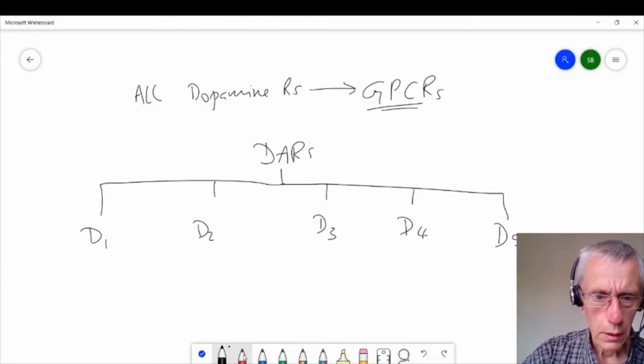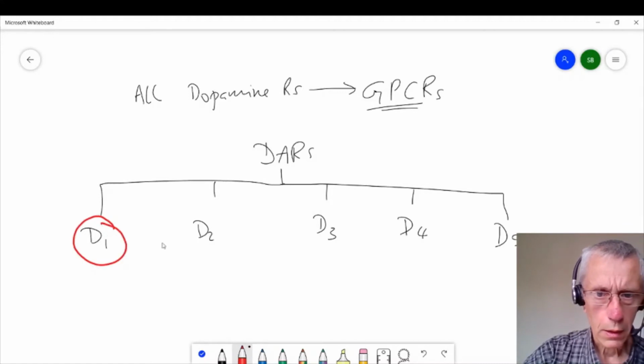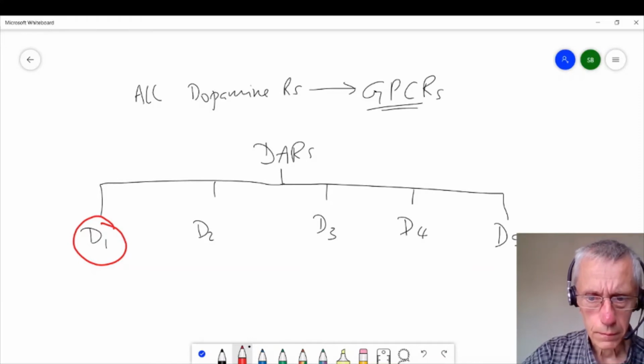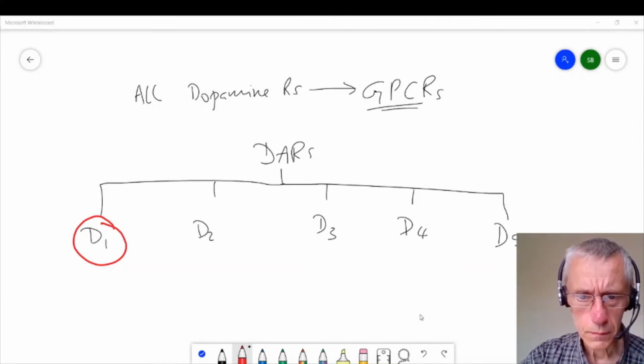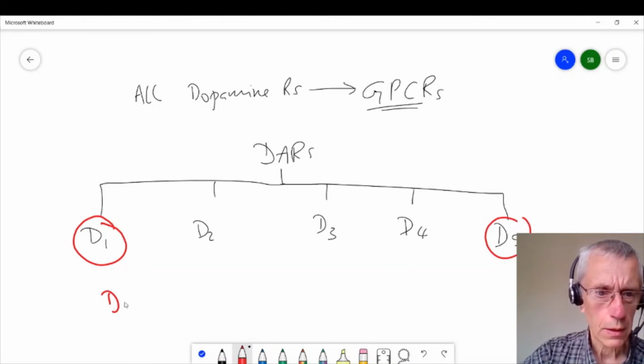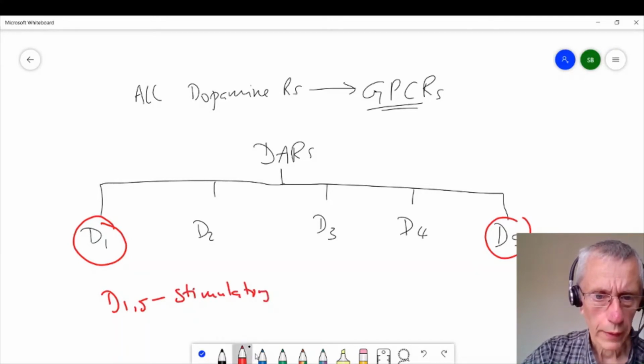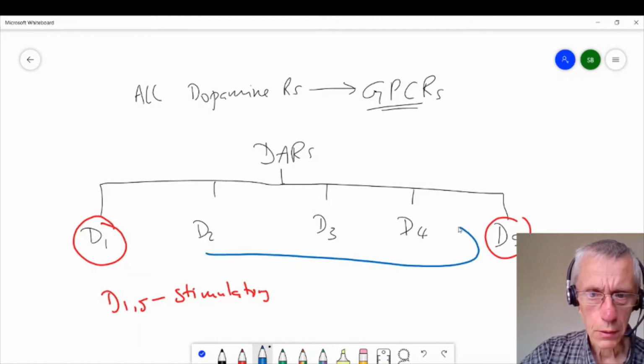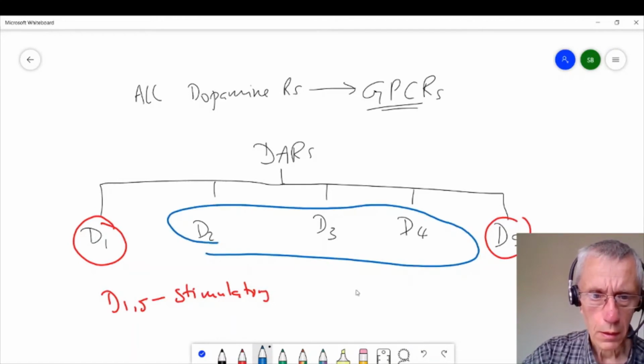D1 and D5 are very similar, so these are all stimulatory. Whereas D2, 3 and 4 are inhibitory.